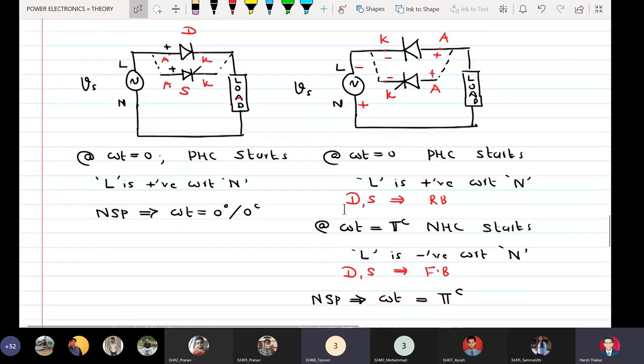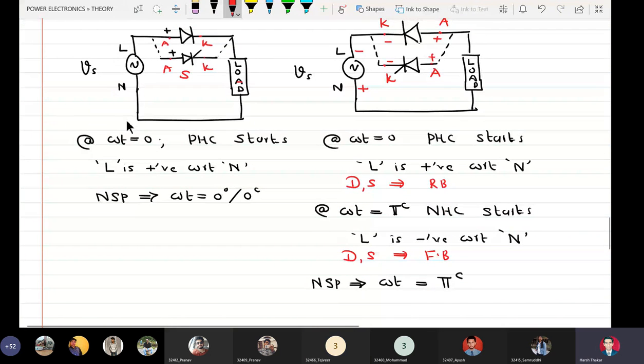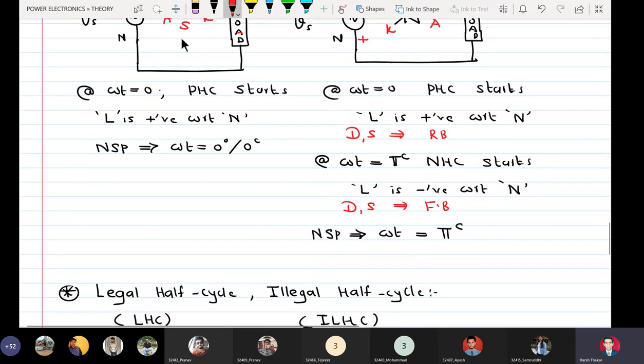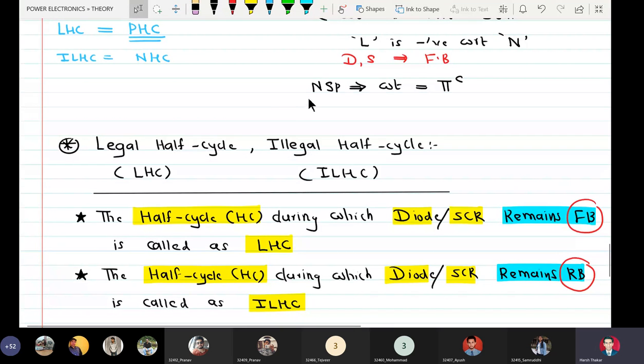Positive half cycle, correct. So during the positive half cycle, diode and SCR remain forward biased, so we can write here that the legal half cycle is equal to positive half cycle, and the illegal half cycle is equal to negative half cycle.